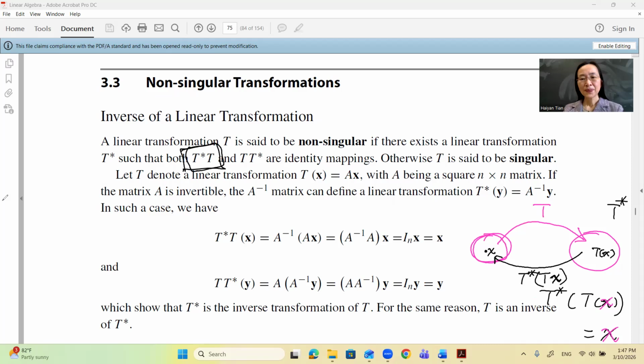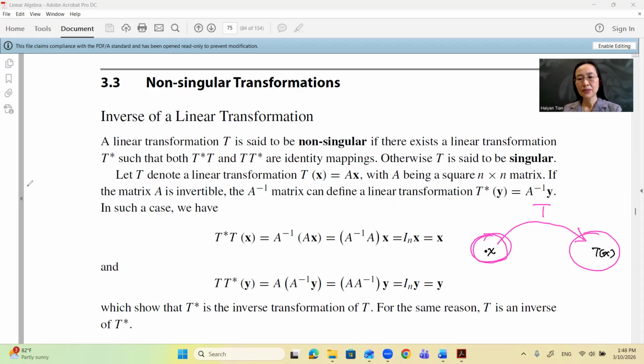And then let's look at T T star. What does that mean? Let's draw it differently. This time we apply T star first. So I'm going to erase this, and we need to apply T star first.